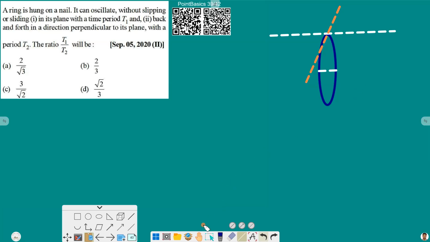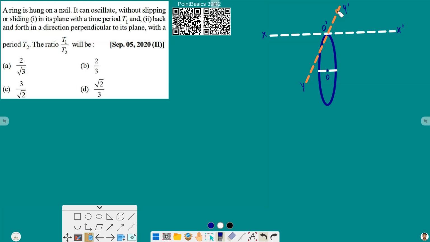So let's name these axes. Suppose center is O and this point is O dash. So X, O, X dash and Y, Y dash.